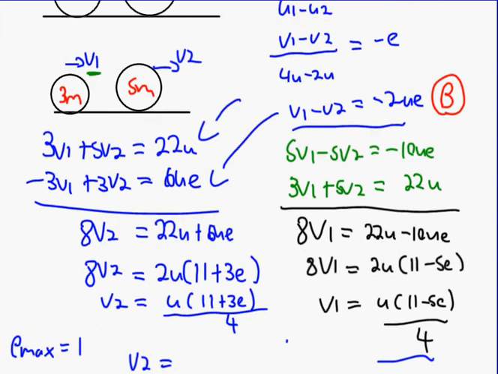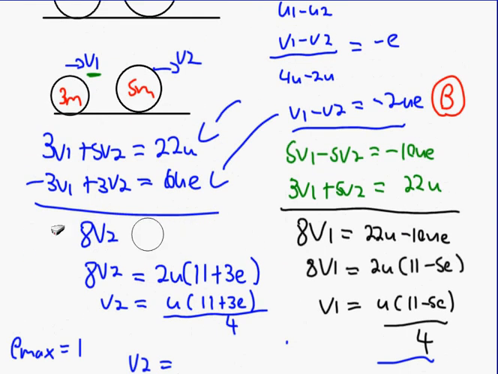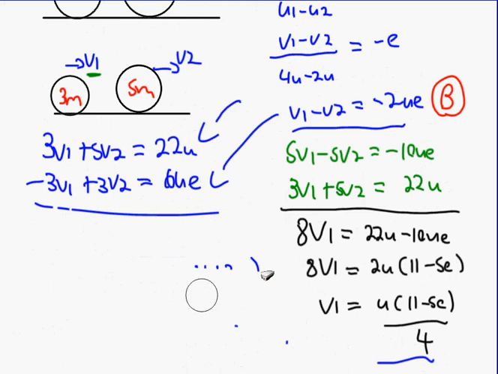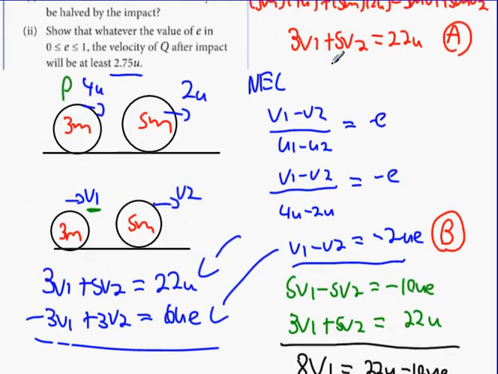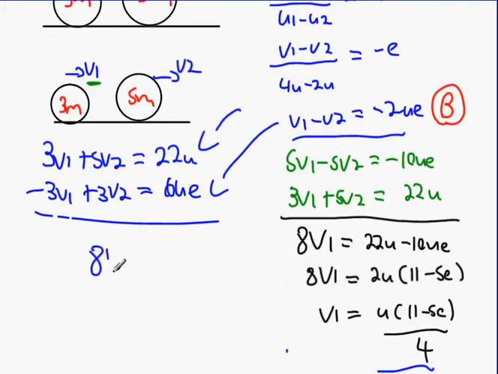So guys, what we did there, I'm just going to double check this because I have a feeling I made a mistake there anyway. So I'll go back from scratch. We're going to find v2 now, so we multiply equation B by 3, minus 3 that is, and you get minus 3v1 plus 3v2 equals 6ue. Don't multiply the top equation at all, so you have 3v1 plus 5v2 equals 22u. Add them and we get 8v2 equals 22u plus 6ue.